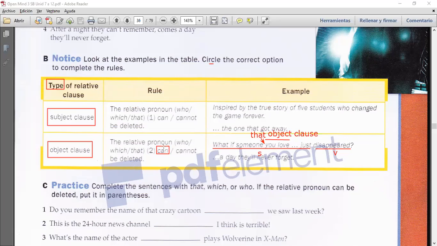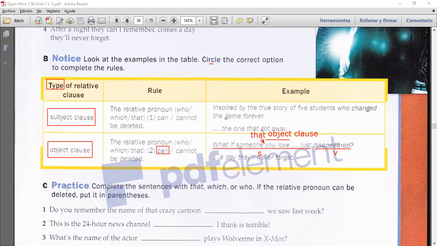When the relative pronoun is object, it can be deleted. What if someone you love, that you love just disappear? So in this object clause, we are eliminating that.